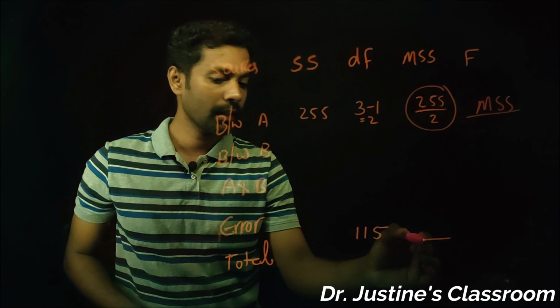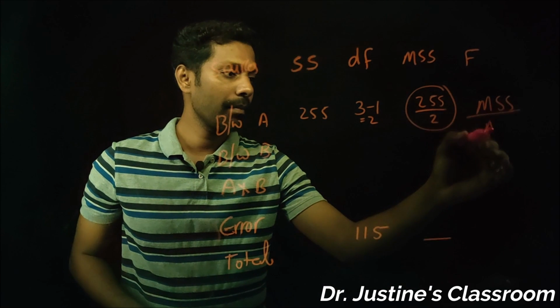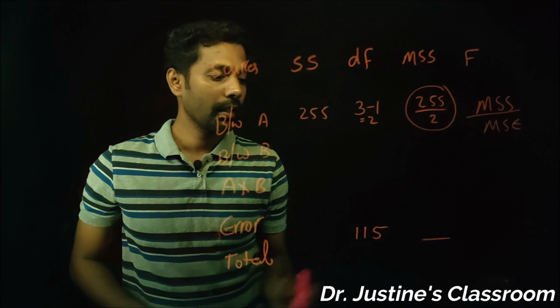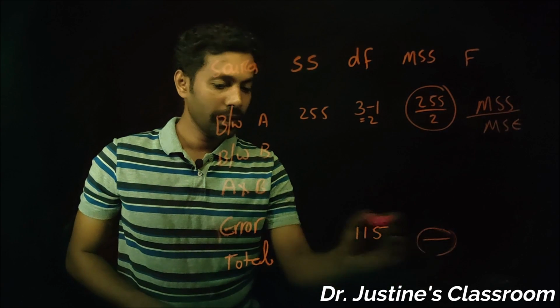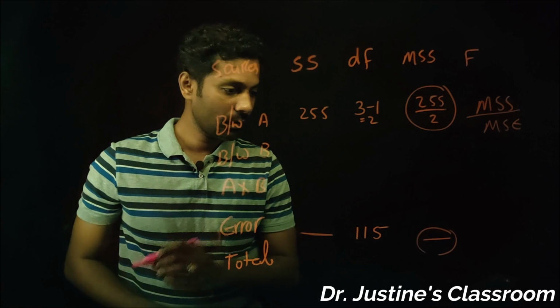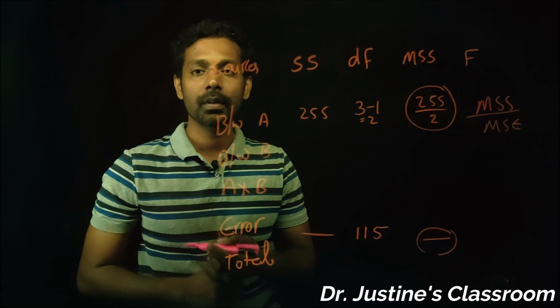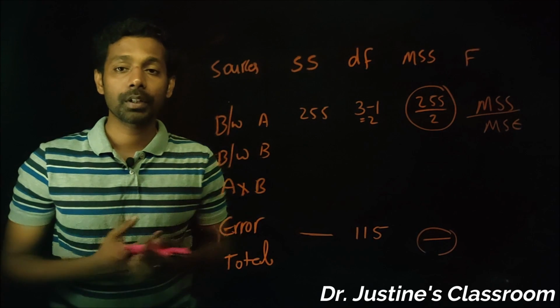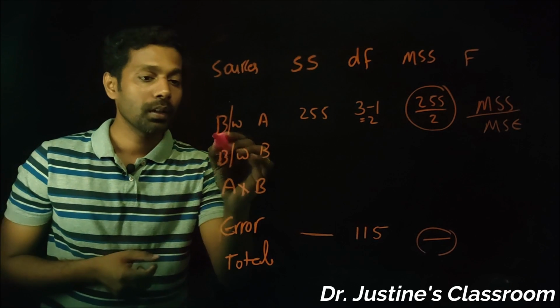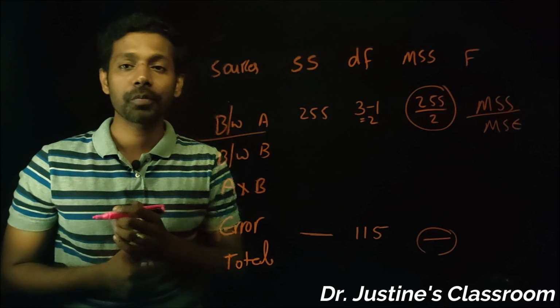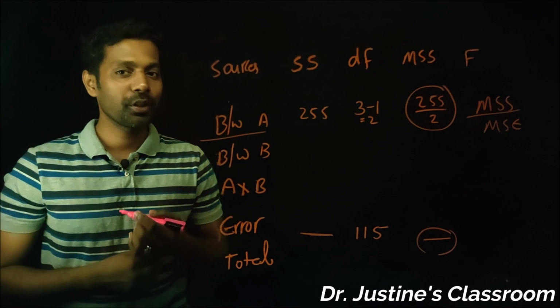So the mean sum of squares of error is required, and to calculate this value, we need a value which is not available to us. So the first 2 options about the significance, accepting or rejecting the hypothesis related to the effect of organization of material, you cannot do that one.